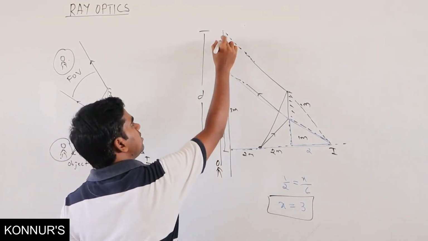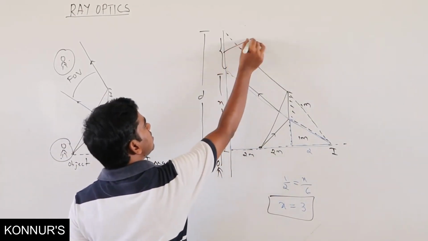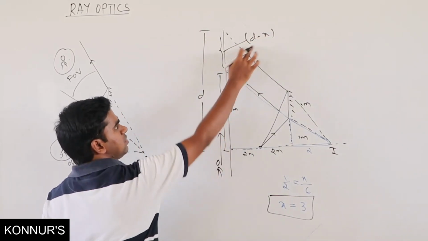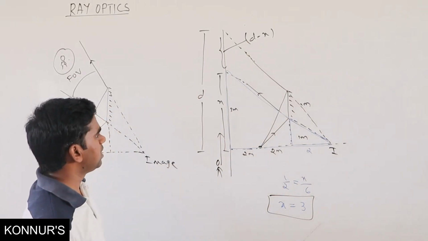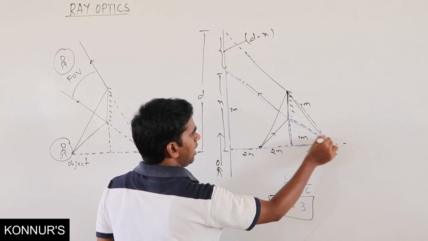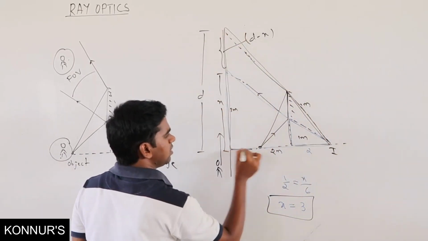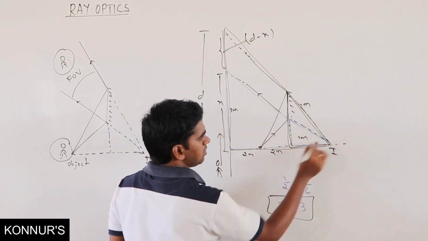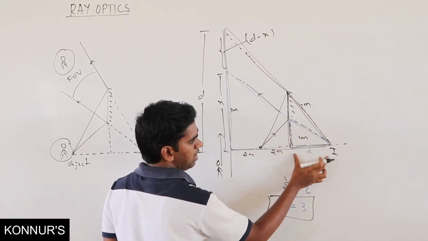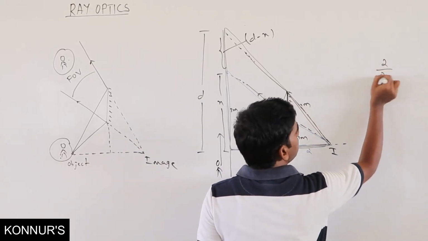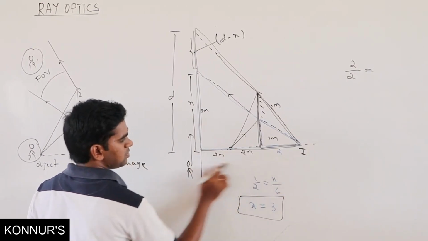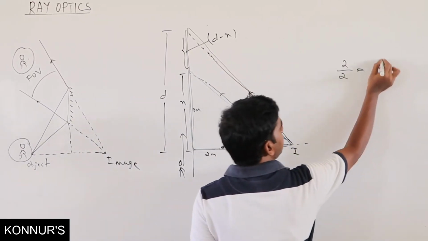Now if you want to calculate this distance, what is this distance? This distance is d minus x. Total is d, this is x, so d minus x. For that you have to consider this triangle and this total triangle. For this triangle, what is the ratio of sides? This 1 meter, this 2 meter, so 1 divided by 2 is equal to d divided by 6.